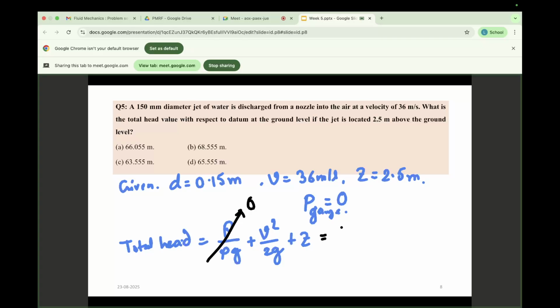So this kinetic or velocity head you can calculate: 36 square by 2 into 9.81 plus z, which is 2.5. Just calculate and check what value is coming.